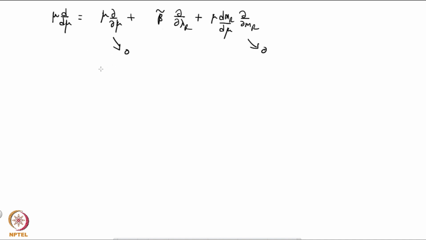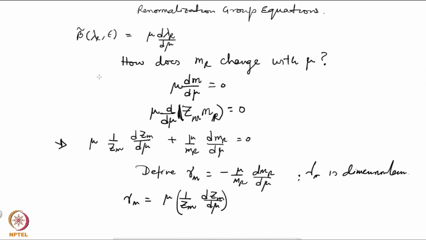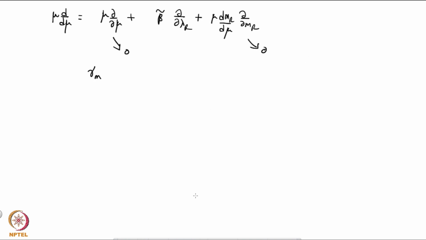So what do we get? Gamma m. Here I am now substituting that. So mu d Z over d mu I will replace by beta tilde times del over del lambda r, and then I get gamma m is beta tilde over Zm del Zm over del lambda r.